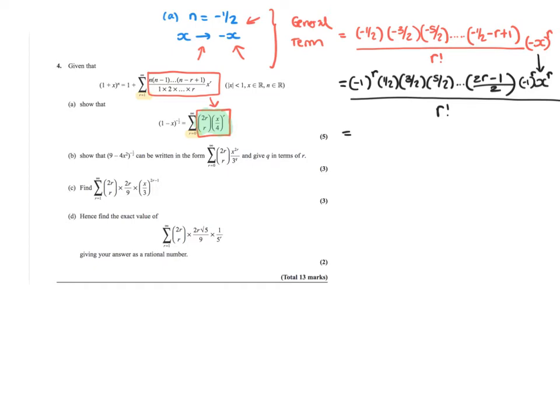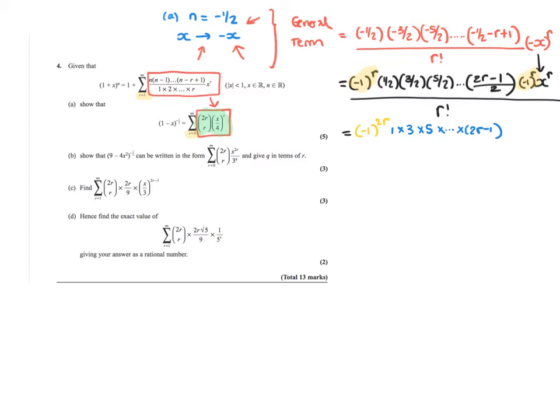Look at the numerator, we have this and this. These two multiply together to give us negative 1 to the power of 2r, which is just going to be 1. Now with all these fractions, I'm going to keep their numerators in the overall numerator, so 1 multiplied by 3 multiplied by 5 all the way up to and including 2r minus 1.